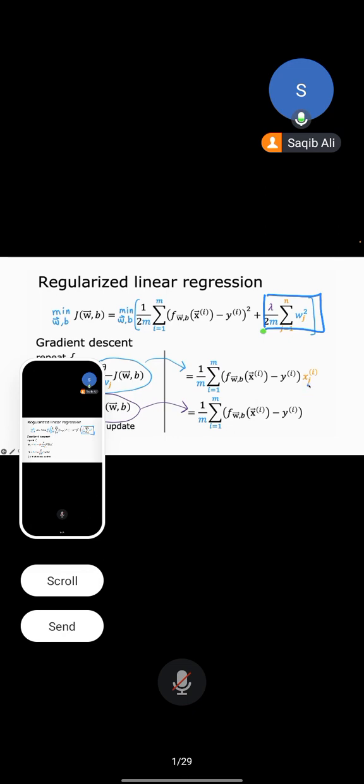Again over here we have xj. But when we take the partial derivative, because of this term, we have another term over here, lambda by m, because w square, when we take the partial derivative, becomes 2w, lambda divided by 2m.